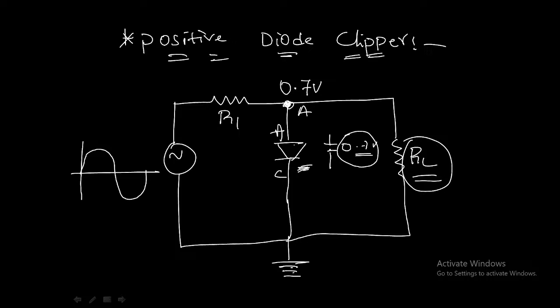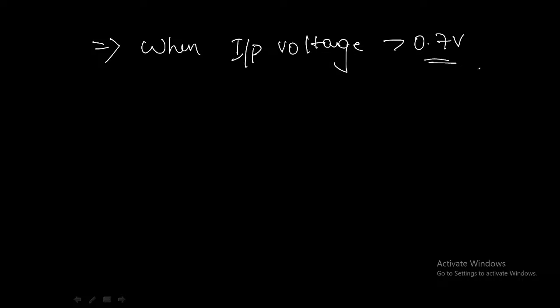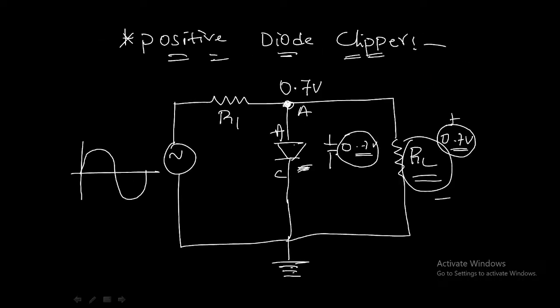Since the voltage source and the resistance are in parallel, the voltage across the resistance RL will be equal to 0.7 volts. After applying an input greater than 0.7 volts, the voltage across this resistance will remain 0.7 volts only. It will not change. It will be constant.